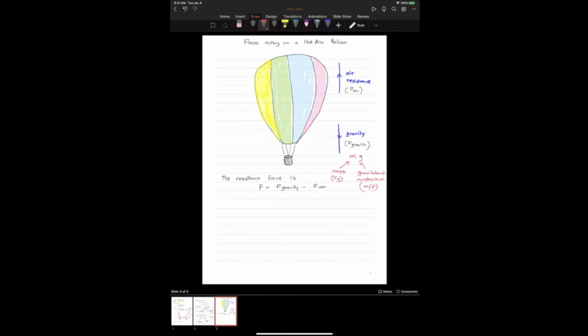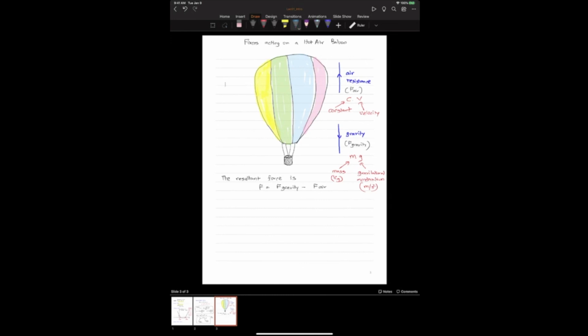Now, air resistance, again through physics, is known to be C times V. C is a constant, and V is the velocity. When I say velocity, I am assuming the balloon is moving in this direction.